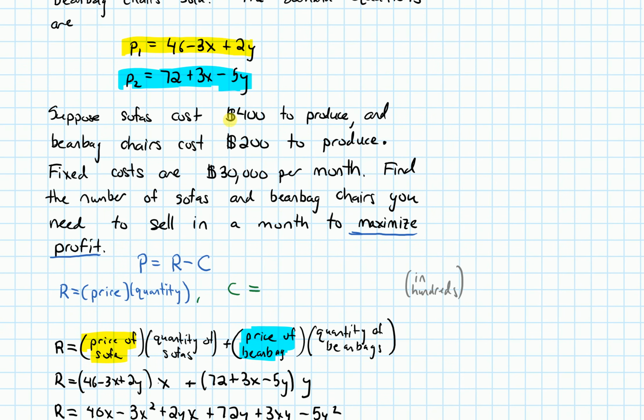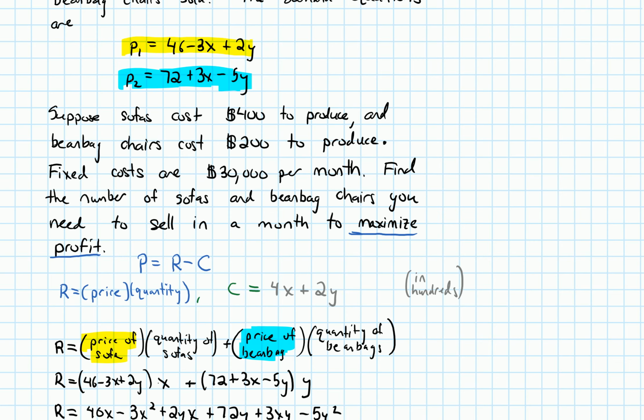Well, it's $400 for each, so if I write that in hundreds, that would be 4 times the quantity of sofas, which is X. And then plus, I've got to do the same thing for beanbag chairs. They're $200 each, so in hundreds, that's 2, and then times the quantity, which was Y.